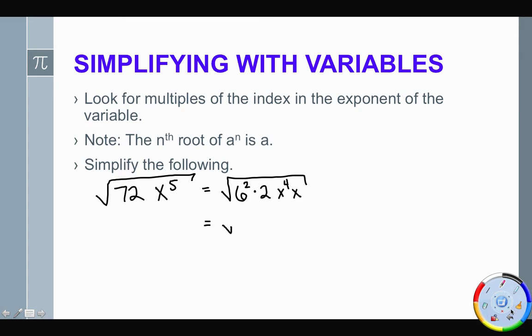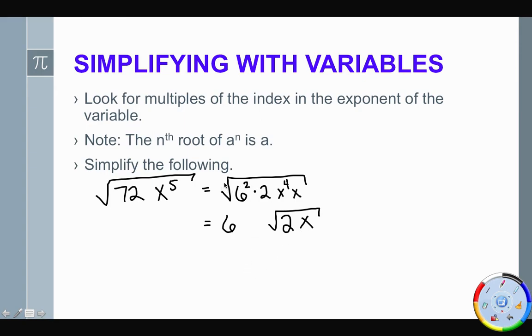And as we noticed in the last example about x to the fourth, we're going to do a little trick here. The square root of 6 squared is going to be 6. The 2 is not a square, so it stays inside the radical. And the x by itself is not a square, so it stays inside the radical.